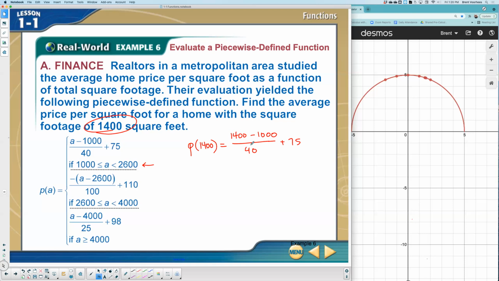Does anybody know what that number is? 400 divided by 40 is 10. So now we have 10 plus 75. What's 10 plus 75? So the average price for 1,400 square feet would be 85. So $85 per square foot.